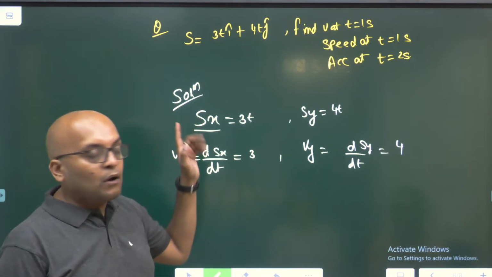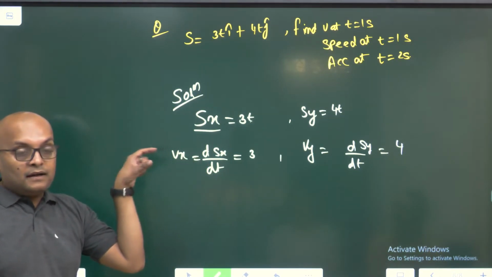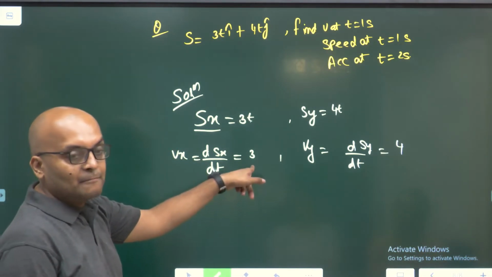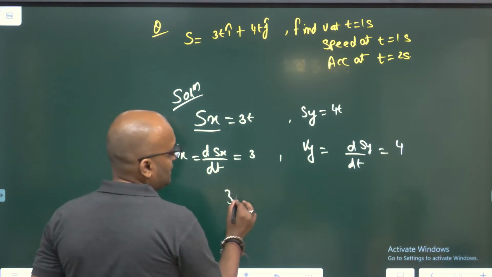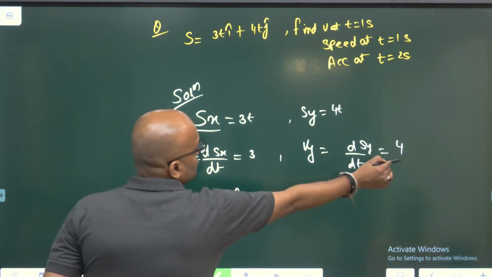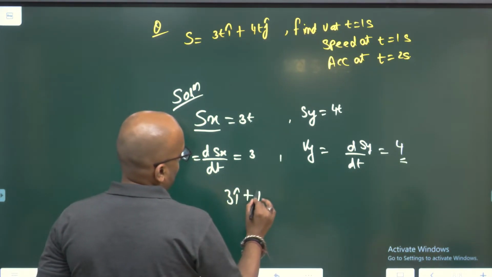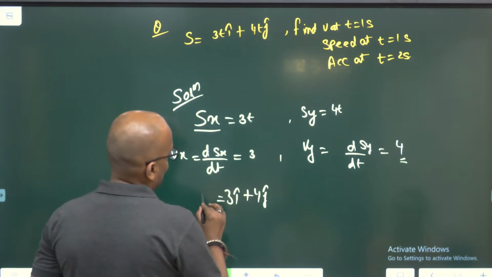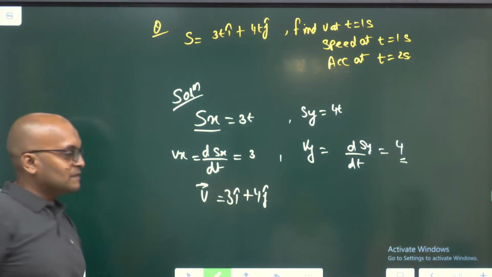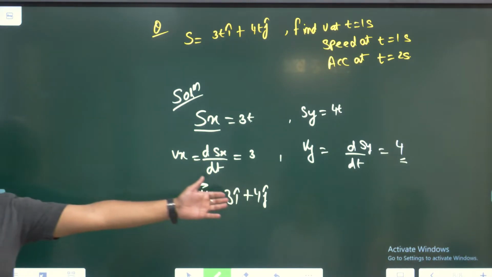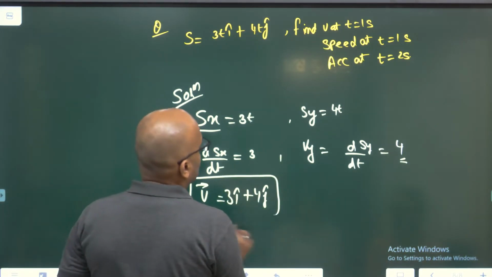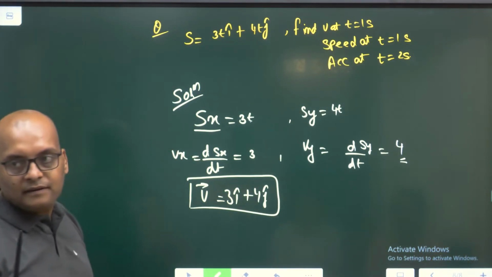Yes or no? So how to represent direction along x-axis in vector notation? You have to put i cap here. So this will be 3 i cap, and plus 4 j cap. Yes or no? Anyway, that's the velocity. Pay attention.